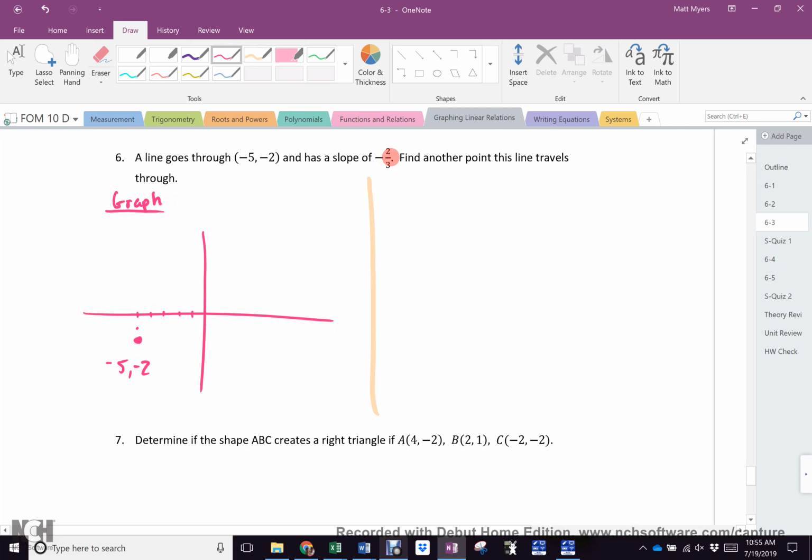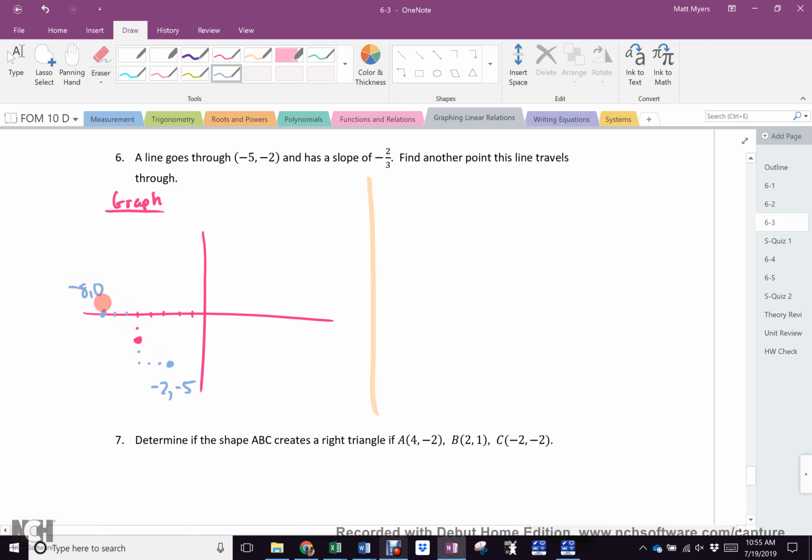The slope is negative 2/3, which means I either would go down 1, 2, and right 1, 2, 3 to that point, which would make it negative 2, negative 5. Or I would go up 1, 2, and left 1, 2, 3, which would make this point negative 8, 0. Those are the 2 closest points.